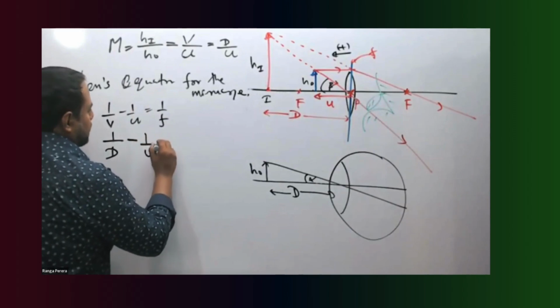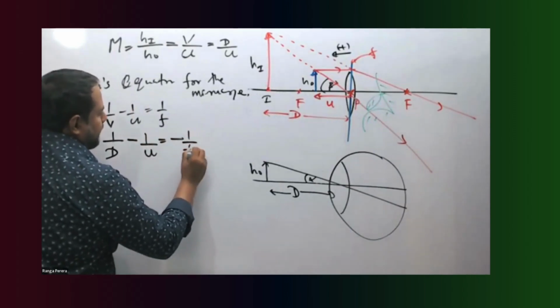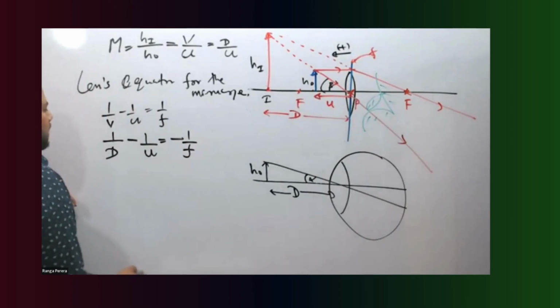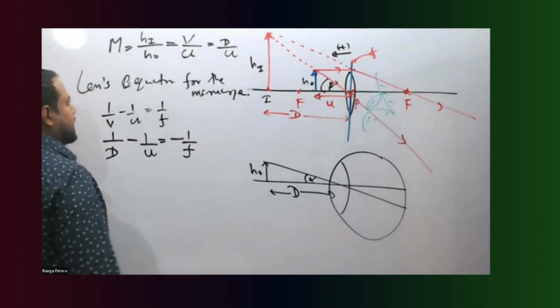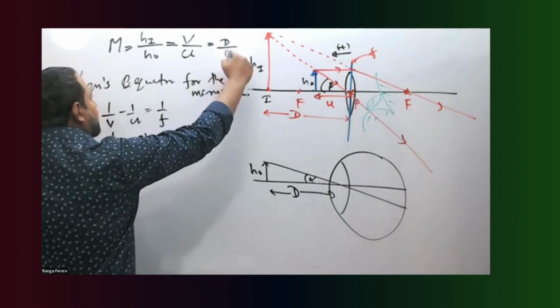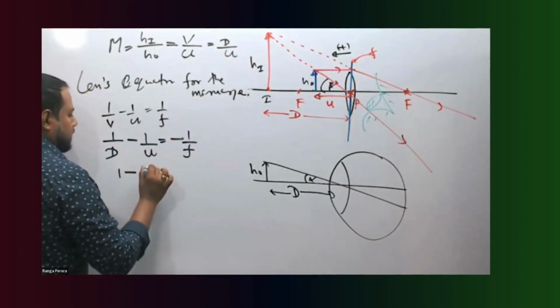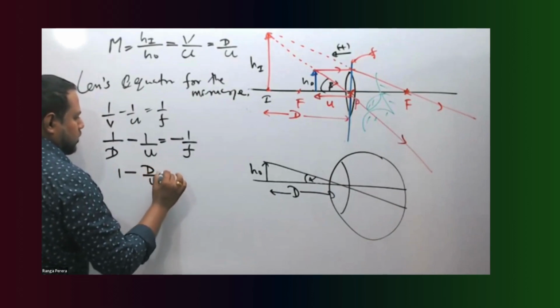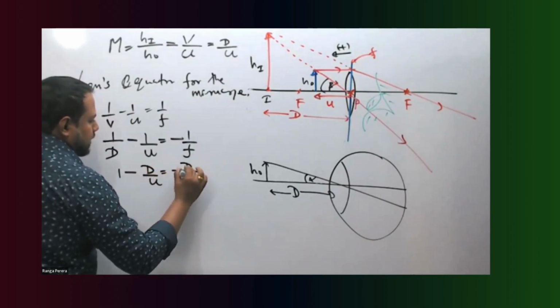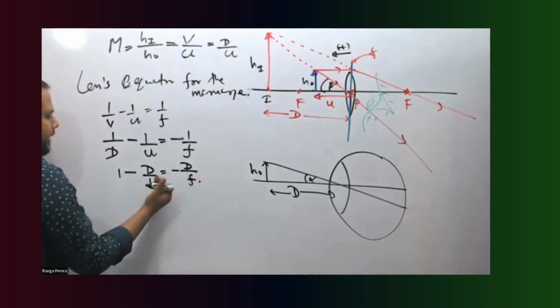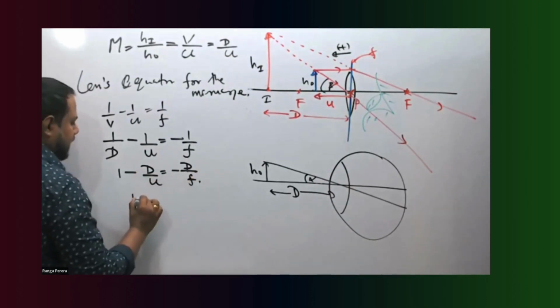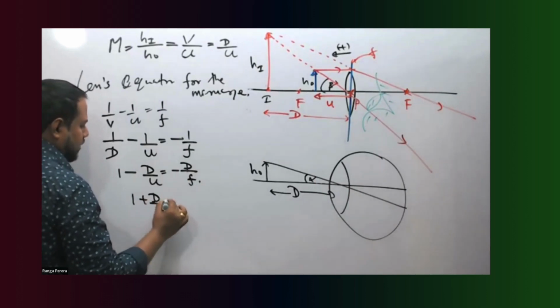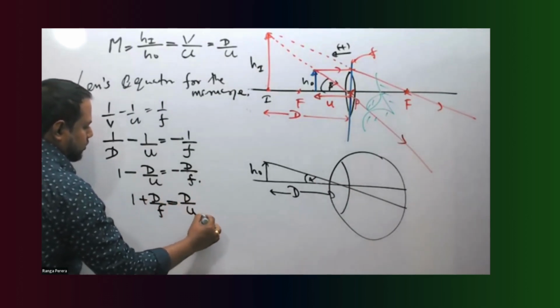Minus 1 over U equals 1 over F, it's a convex lens. Multiply all the terms by D because we need to derive the D over U value. 1 minus D over U equals D over F. Take it to this side, take it to that side. 1 plus D over F equals D over U.